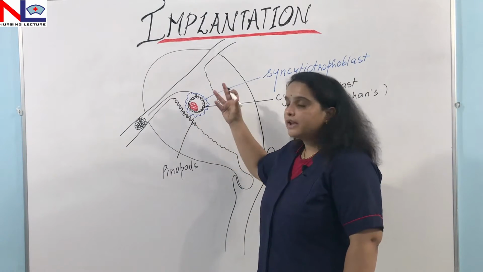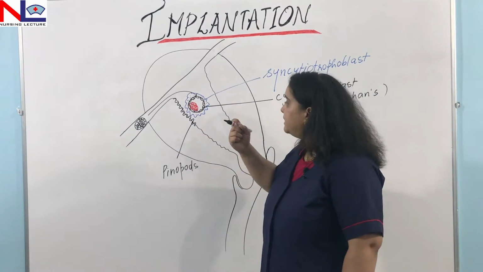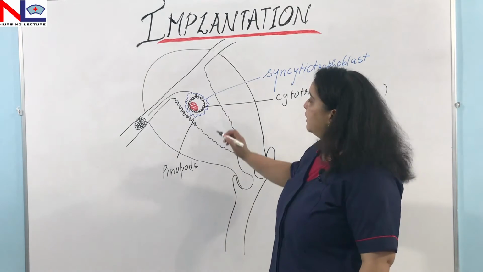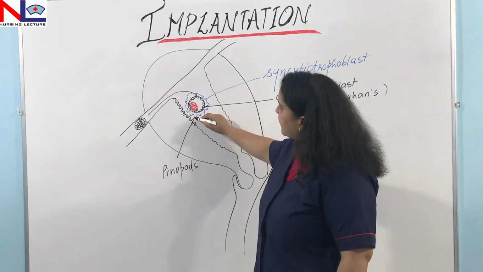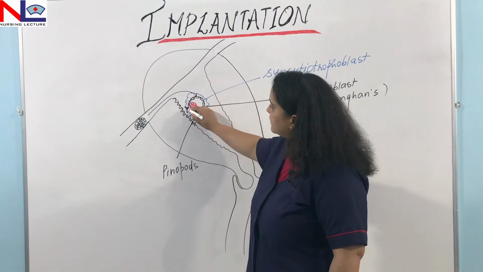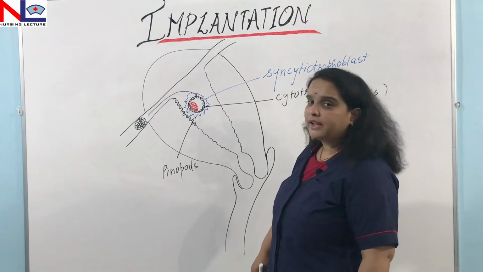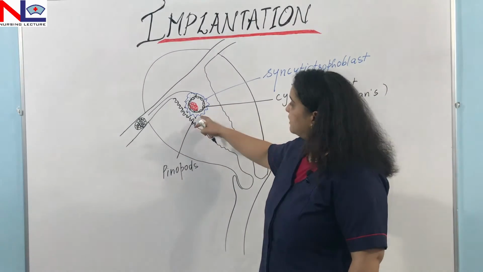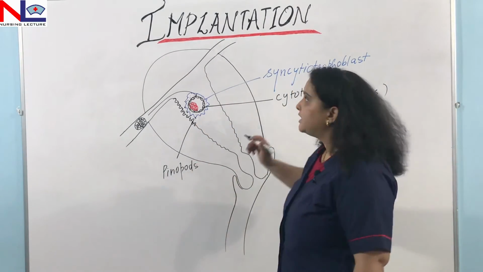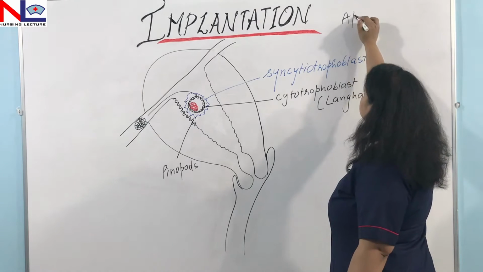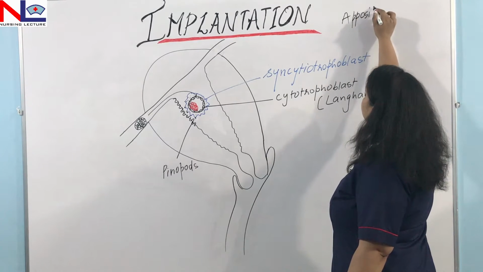So these pinopods absorb more glycogen and lipids, and meanwhile there are some microvilli on these syncytiotrophoblastic cells, and what they all do here is that the apposition stage begins. What is apposition?